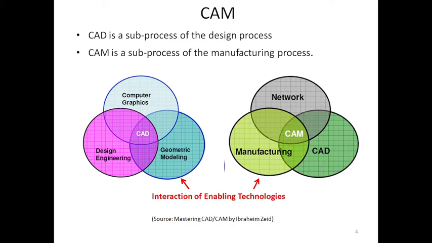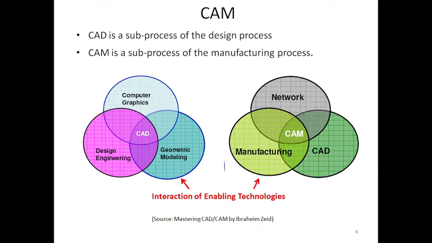And this is being supported by the computer graphics. Computer graphics is how you get the information displayed on the computer screen, or how you take the input from the computer screen for having a useful user interaction. So these are the three enabling technologies or concepts which are used in CAD.